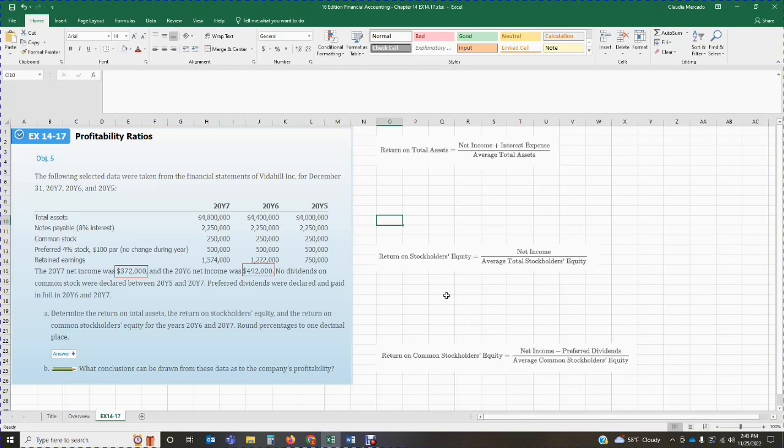How much are we going to pay in interest? The first thing we need to do is locate how much we owe. If we're looking at the expense, first we need to figure out how much money we owe. So we're going to look at our notes payable, and it gives us the dollar amount. My interest expense is going to be my notes payable times my interest rate.